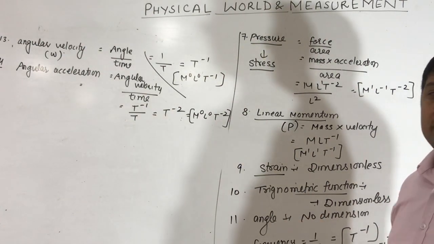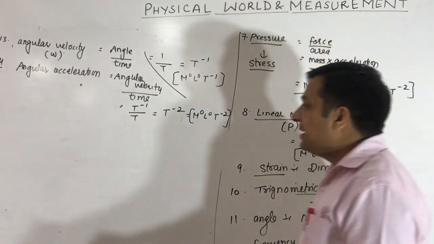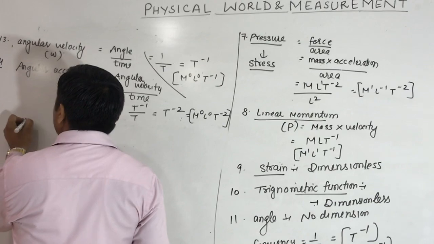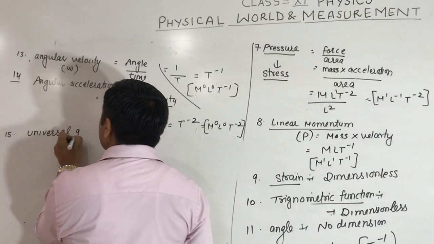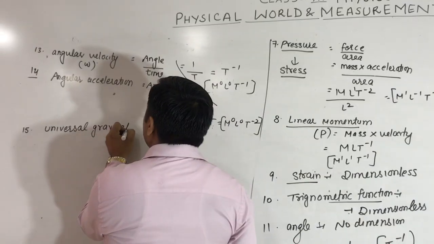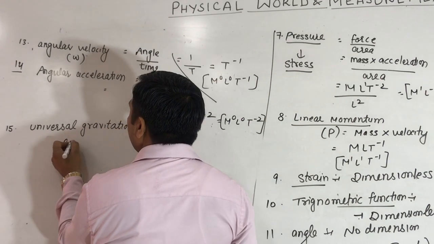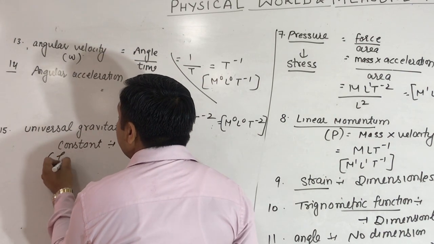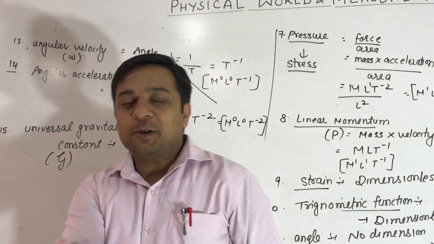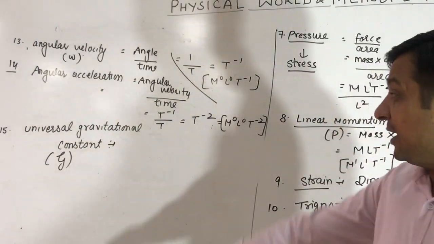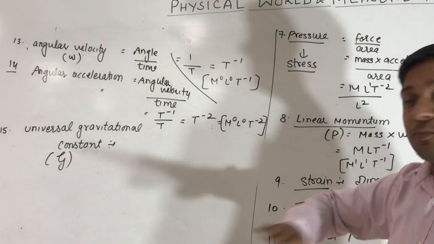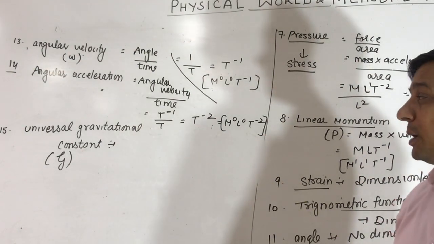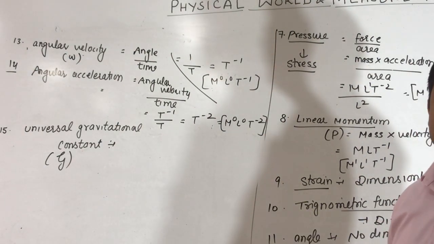Another very important formula I am going to tell you is the universal gravitational constant, capital G. Most of the time this is very important, and in any competitive exam this formula is very useful for any derivation. First, you should know the formula of the universal gravitational constant.